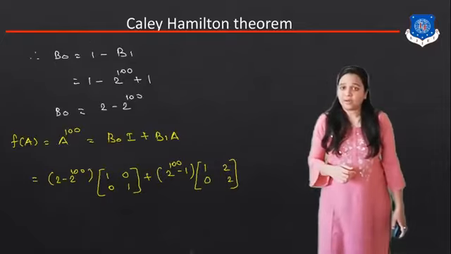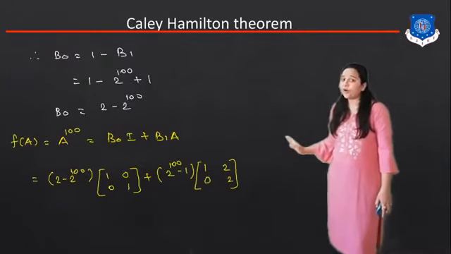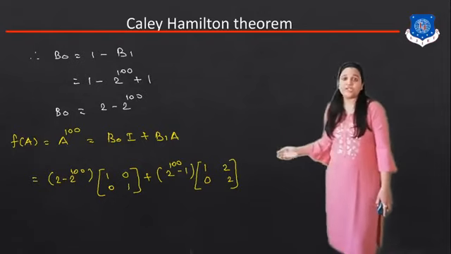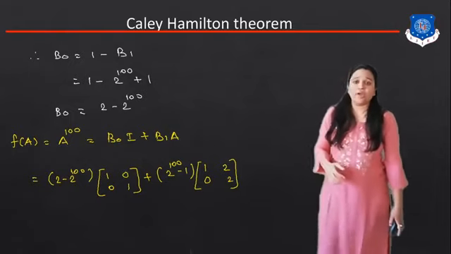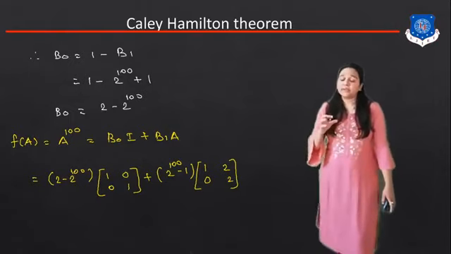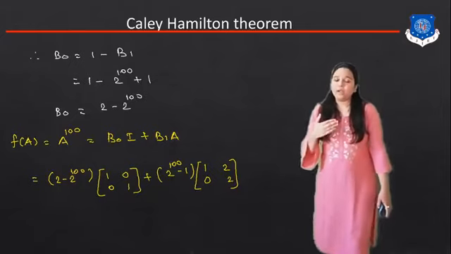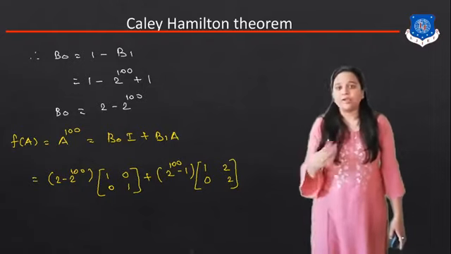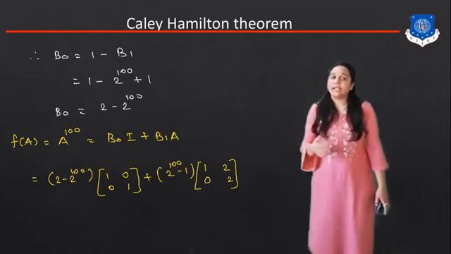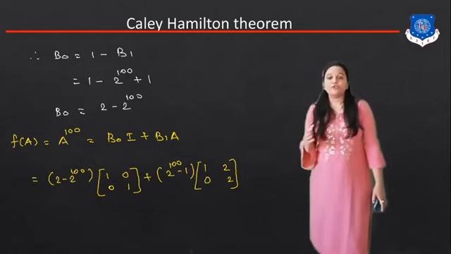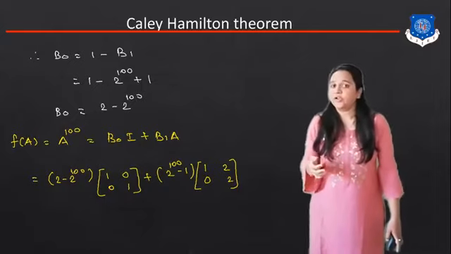So for 7 marks, you compulsorily have to solve this matrix using the multiplication and addition method, and find the exact value of function of A. Depending upon the marks, you calculate the final answer. Okay, so this is all about the Cayley-Hamilton theorem. Using the Cayley-Hamilton theorem, we can easily find the value of function of A.